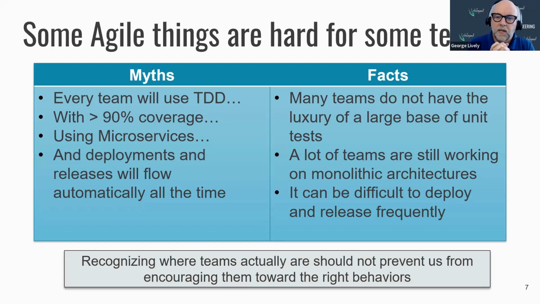So often in the industry, we talk about how everyone should be doing TDD and there should be greater than 90% coverage, all of these things. But the reality is that there are just some agile things that are very difficult for some teams to do. That's just a fact. Some of it is because these teams are working in monolithic architectures where there wasn't unit testing written from the beginning.